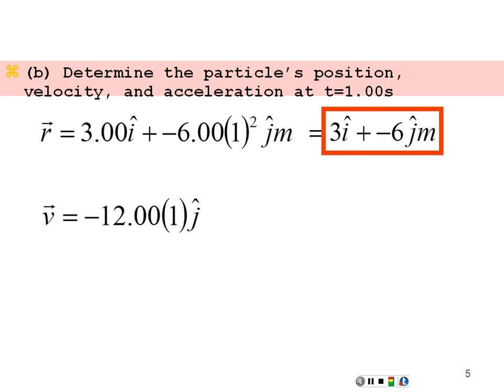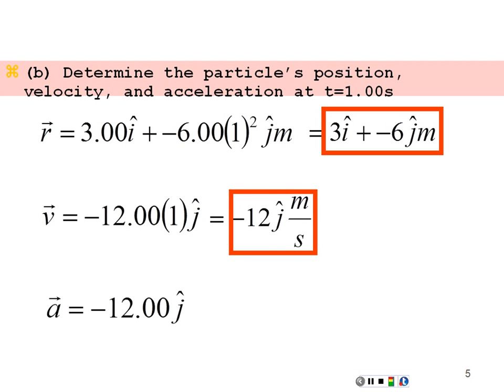My velocity for all time is a negative 12t, but at 1 second, it's going to be a negative 12 times 1 second, or just a negative 12j meters per second. And my acceleration is just a negative 12j for all time and all position. t doesn't come into it, it's just constant. So it's just a negative 12j meters per second squared.